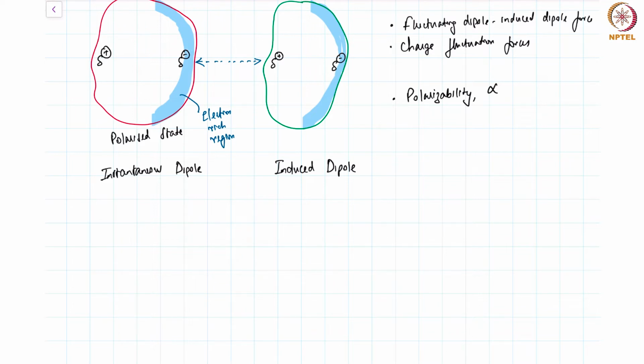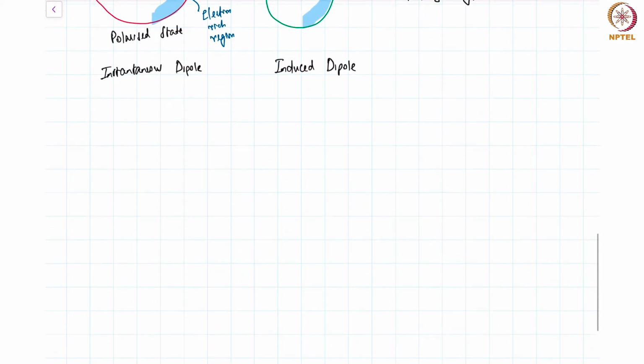But the van der Waals force has many other uses. I'll give you a few examples. The van der Waals force tells us about the condensation of gases into liquids. It appears in biological physics, especially in organic matter.